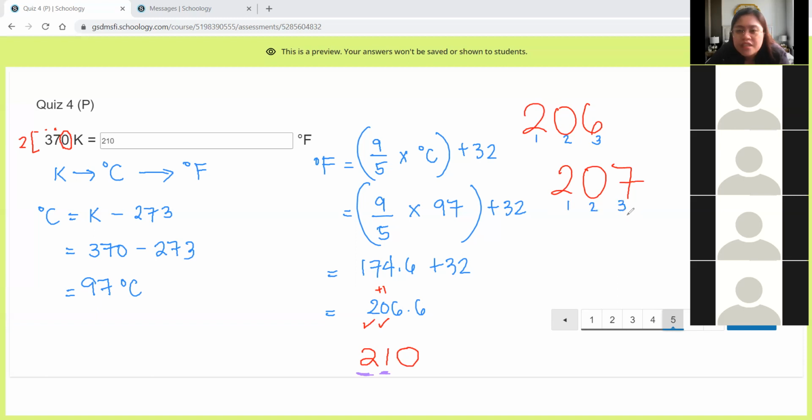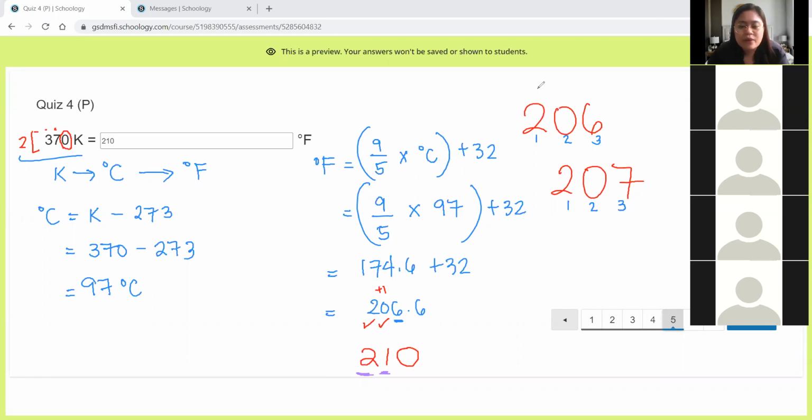You have 3 significant figures there, which does not follow, since our given has only 2 significant figures. So you should stop at the 0, then drop the other digits, but you still need to consider the next digit after the 0. That is now 6, so we add 1 here and it becomes 210.